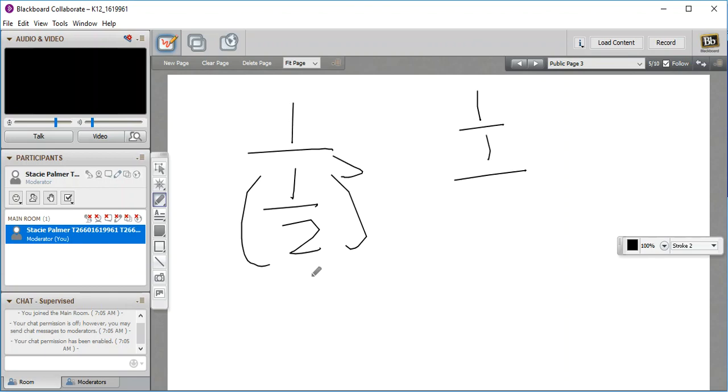And then on the bottom, 1/2 to the 3rd power. Remember, this 3 gets distributed to both the top and the bottom of our fraction. So 1 to the 3rd is 1 times 1 times 1, which is just a 1. And 2 to the 3rd is 2 times 2 times 2, which is 8.